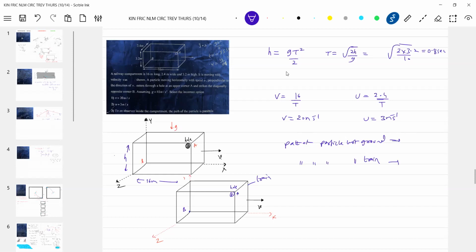We should analyze that also. It should be a parabola, both parabola. And with respect to the train, it should be a parabola there also.